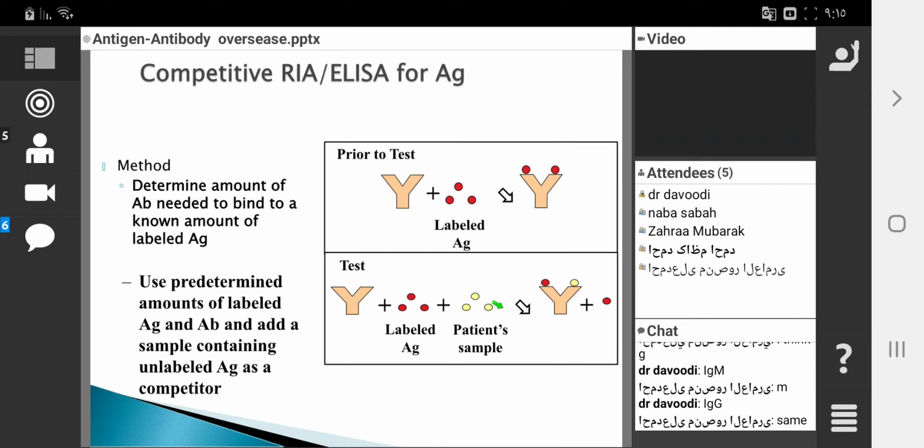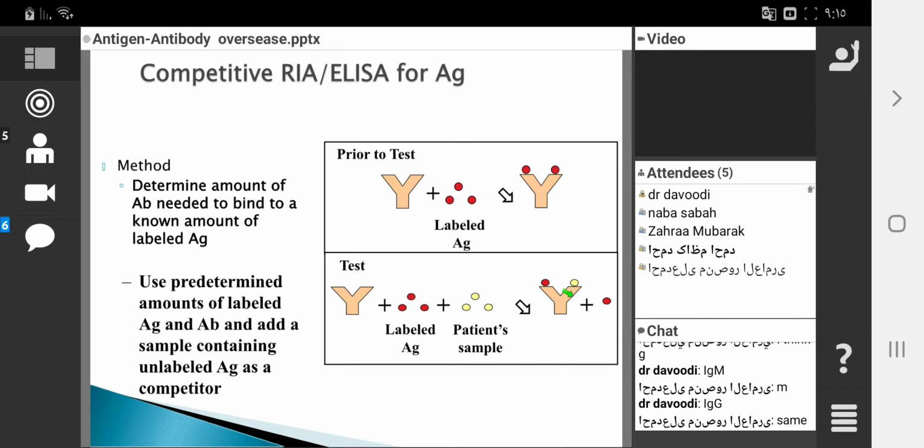They will incubate together. And then after the incubation time, we detect how much radioactivity we have here compared to the radioactivity here.